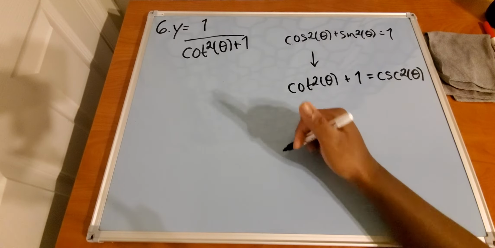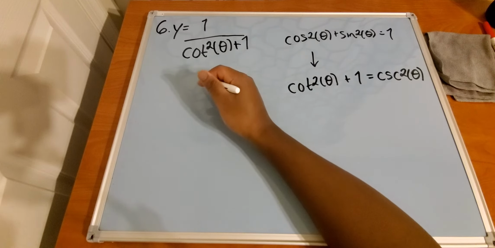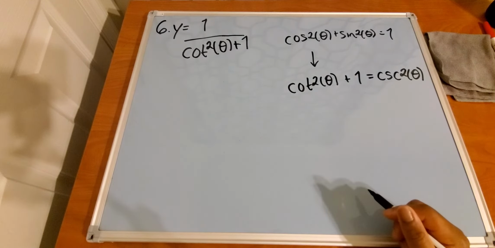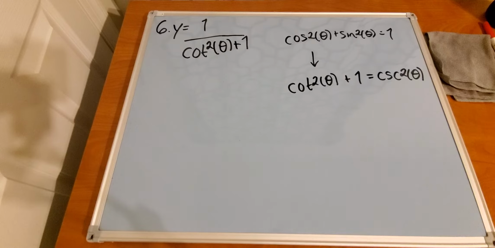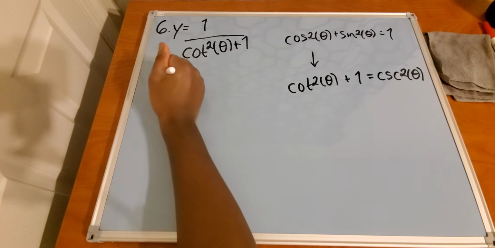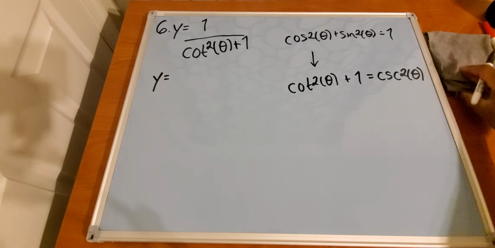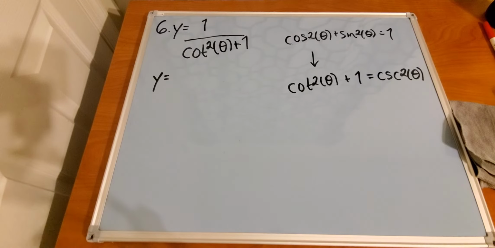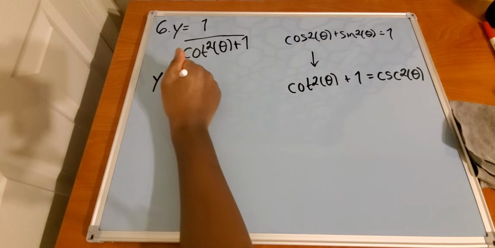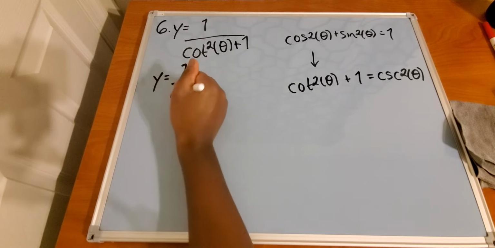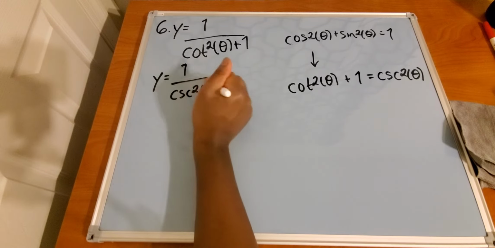So we can say that cotangent squared of theta plus 1 is equal to cosecant squared of theta. Doesn't really matter either way, to be honest with you. It's going to be long regardless, but it looks nicer. So we have 1 over cosecant squared of theta.